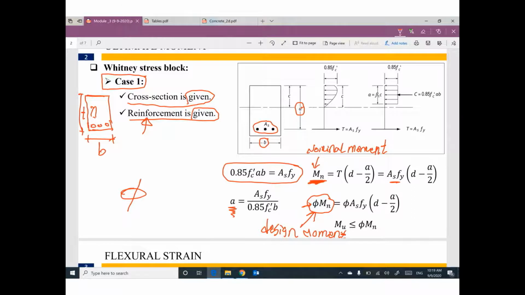So we need to take a factor of safety. Theoretically, based on your calculation, here is the nominal moment. But we need to take a little bit of factor of safety, so we need to multiply this value by a reduction factor called phi to get the design moment. Then I will do a comparison between the moment from structure analysis and our moment from design.